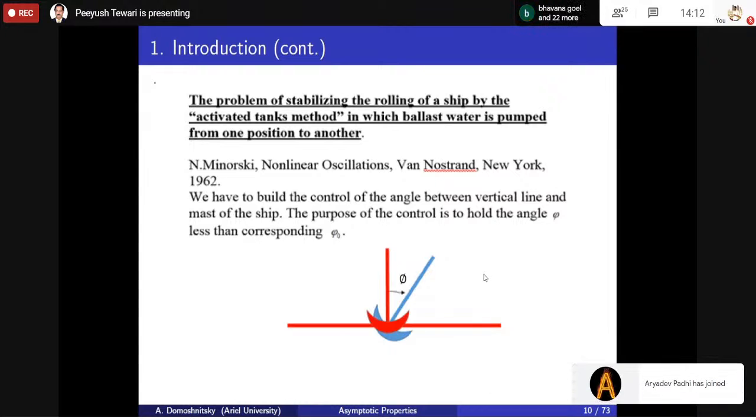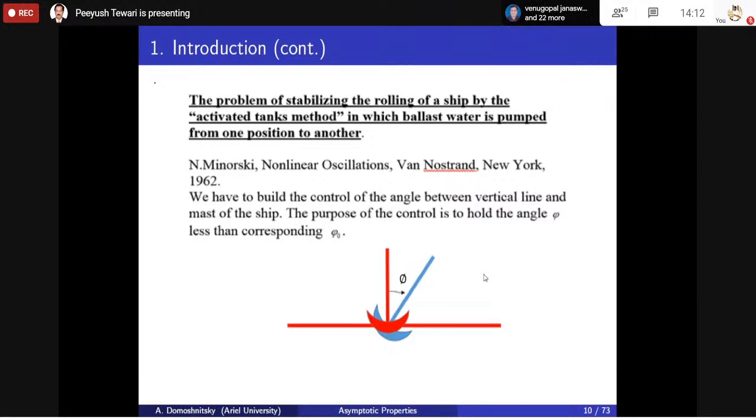If it is greater than the corresponding phi 0, our ship sinks. And we have corresponding equipment in order to stabilize the rolling of the ship. Next, please.